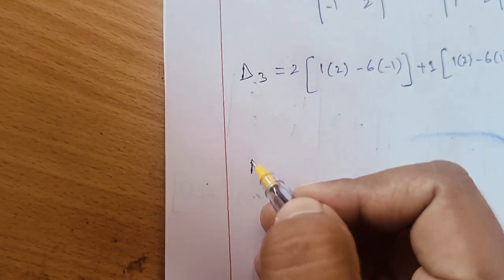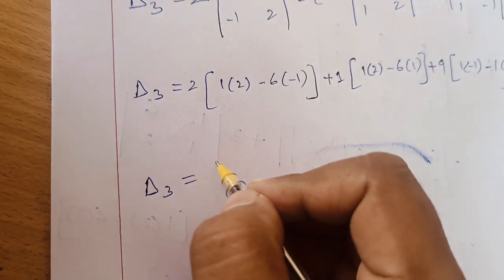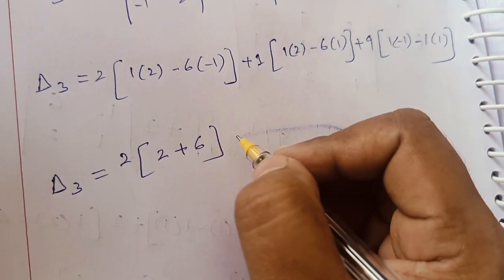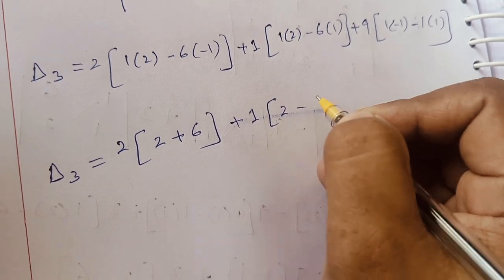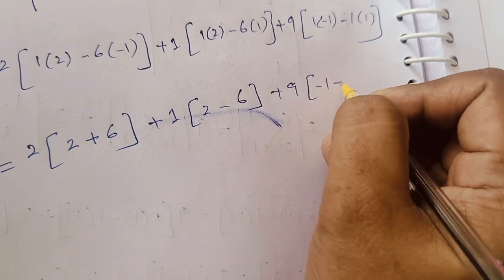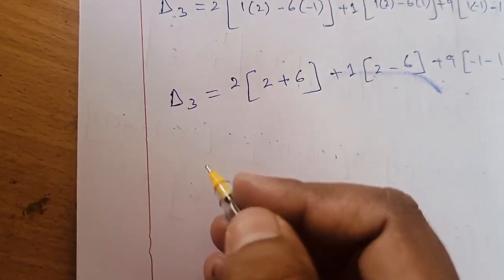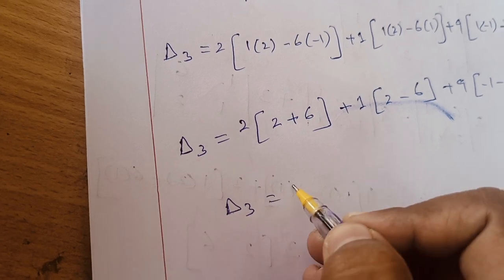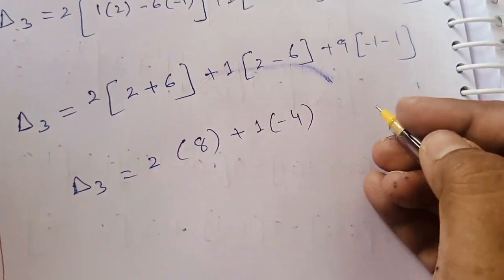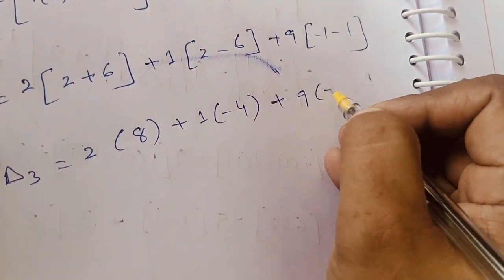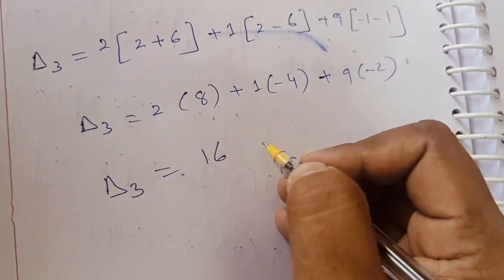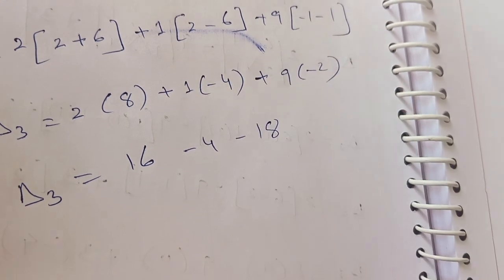So here we get delta 3 is equal to 2 into 2 plus 6 plus 1 into 2 minus 6 plus 9 into minus 1 minus 1. So delta 3 is equal to 2 into 8 plus 1 into minus 4 plus 9 into minus 2.